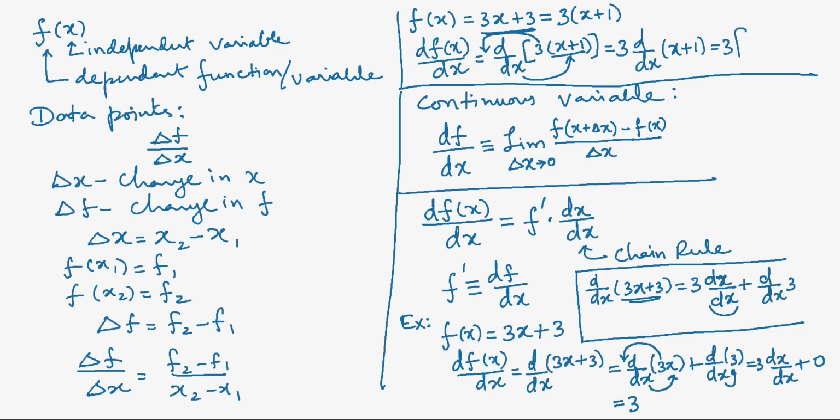It will be 3 and d by dx operating on the x plus d by dx of 1. You see that? Yes, uncle. This will go to 1 and this will go to 0, right? So because of that, the answer will be simply 3. Either way, we will get the same answer, but the understanding will help us. You're okay with that, right? What we are doing. Yes, uncle.